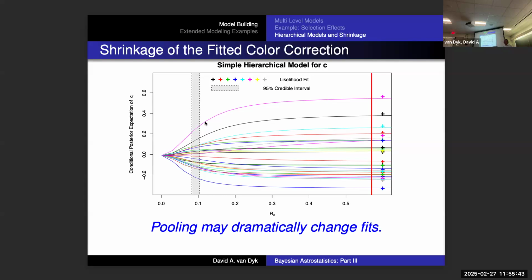Is it an outlier? There's two reasons that these values are extreme. One is that it's actually a little bit more extreme of a supernova than the rest. And the other possibility is you've got a little statistical error in that direction. And by looking at the distribution together, you can learn, and you don't have to think too much about it.